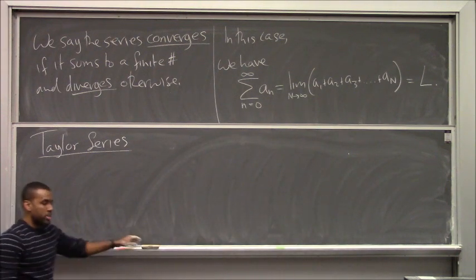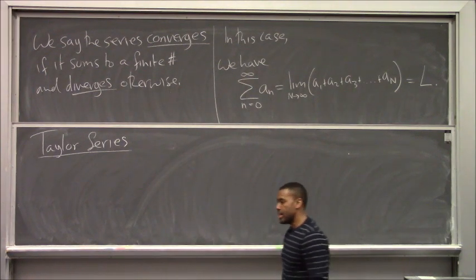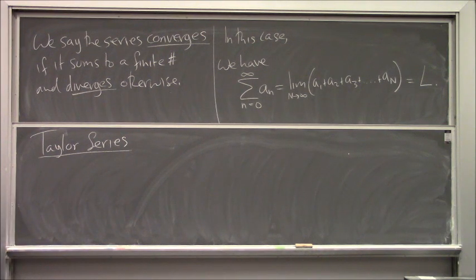Is there a way to express it as something a lot nicer, such as a polynomial? Polynomials are very nice. We can integrate them easily, we can differentiate them easily. They're continuous everywhere, they're differentiable everywhere. So we always wonder, is there a way to express functions in a more convenient form? And it turns out sometimes there are.